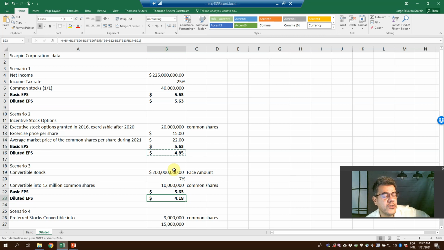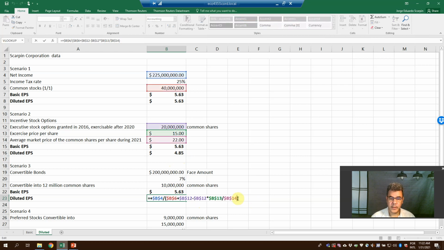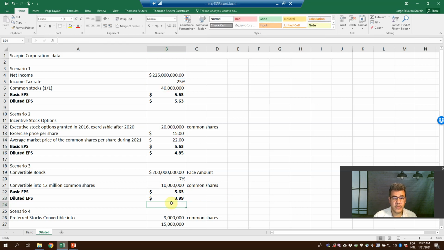So first of all, we will be adding these new shares here. And what else? We will be adding this interest expense that we will not expense anymore.